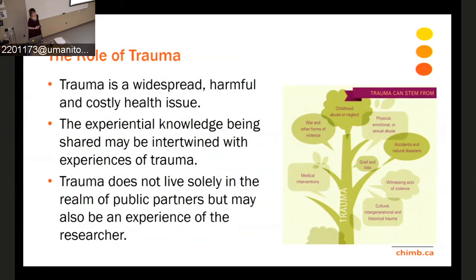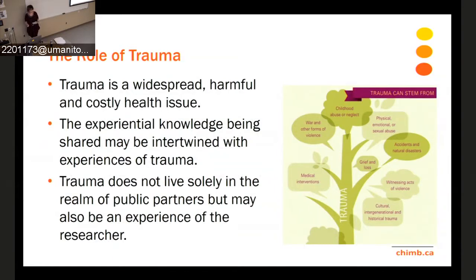For example, evidence shows that in primary healthcare systems, there are significant trauma histories that can come up, which have an impact not only on the health of people, but also on their responsiveness to health interventions.